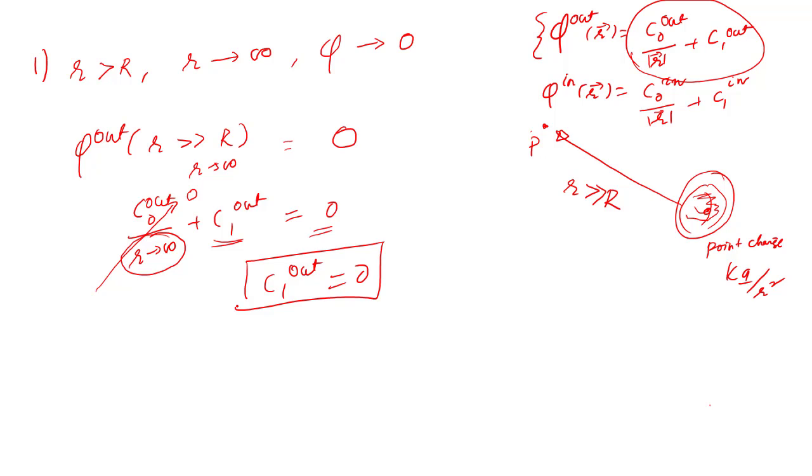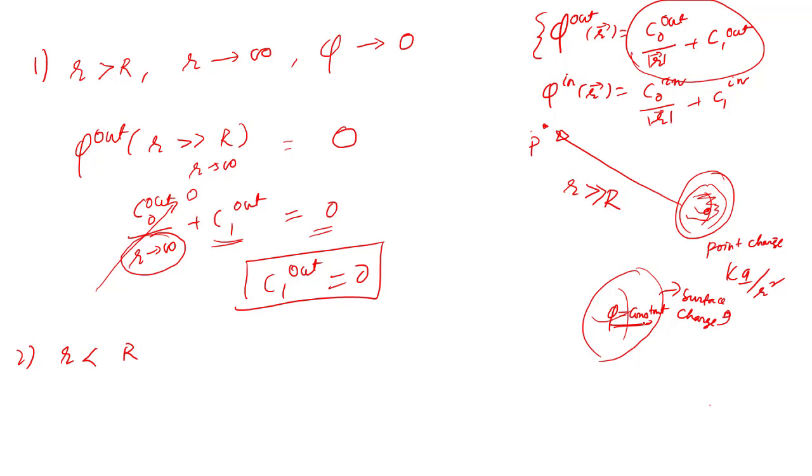That's what common experience would tell us. Now let's talk about another boundary condition, for r less than R. Here we have a conducting sphere, so the charge is only on the surface. There is no charge inside, and if there is no charge inside, there is no electric field inside. So phi inside a conductor is constant.